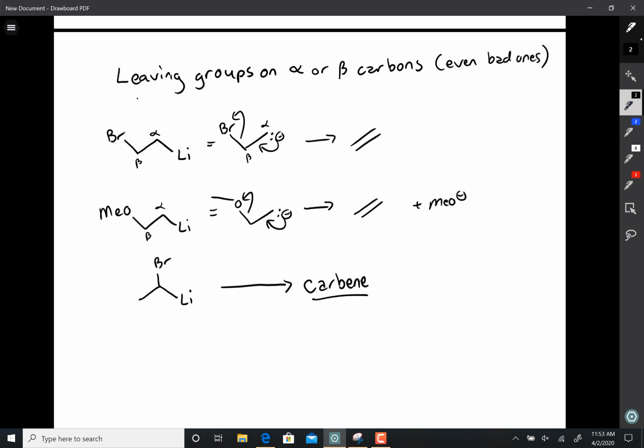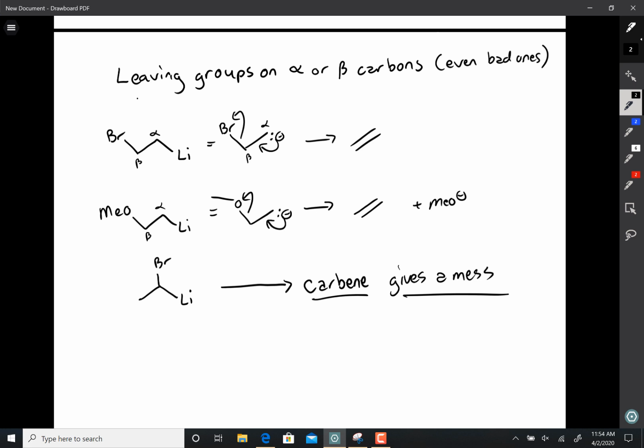And carbenes are another type of compound that we'll talk about later on this semester. But this particular carbene gives a mess. So there's the rules and restrictions.